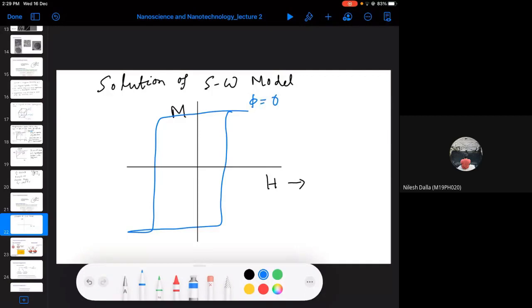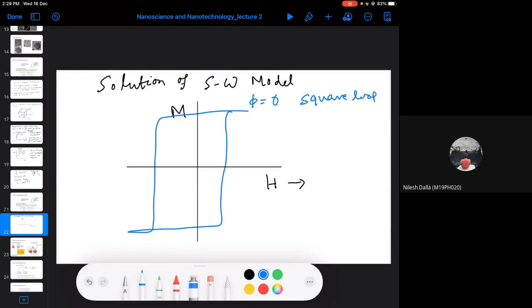That means the magnetization is along the K axis, or if no external field H is applied, phi will be equal to 0 and your magnetization will be almost like a square loop. So it is a perfect square loop.